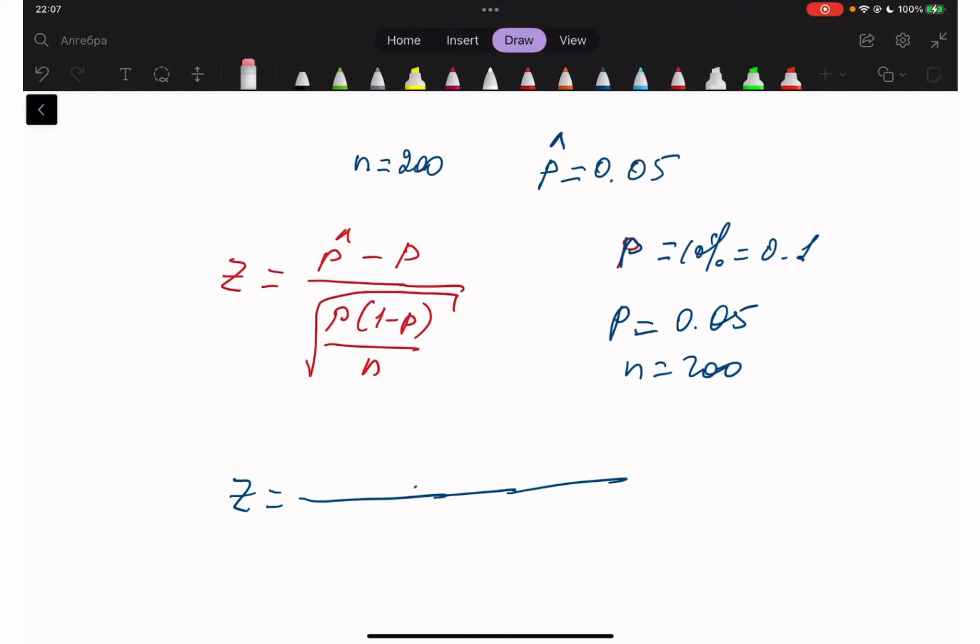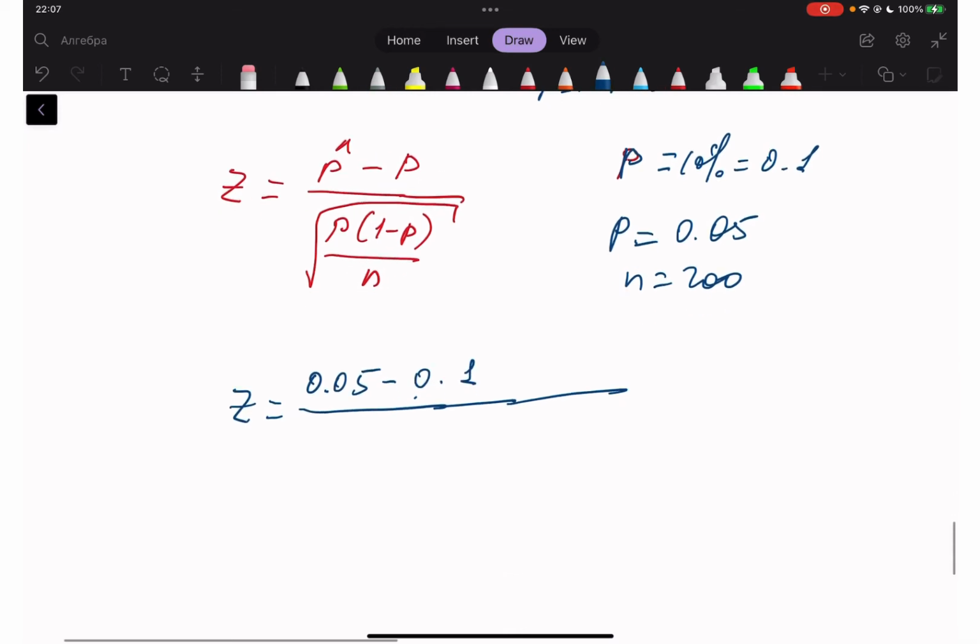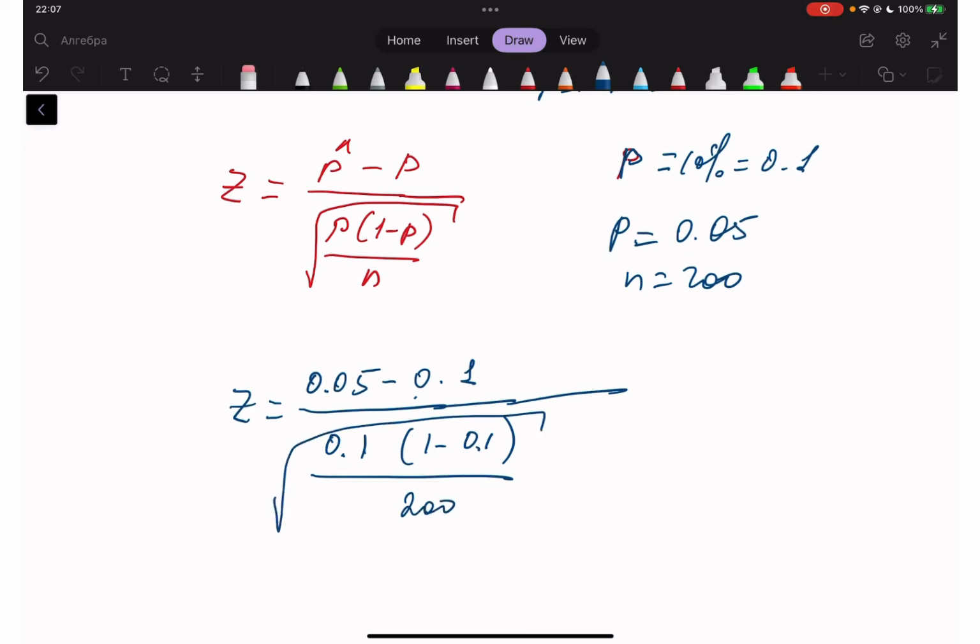So from here, what do we have? We are taking 0.05 minus 0.1 and dividing by the square root of 0.1 times 1 minus 0.1, divided by 200. Okay, so what do we get here?